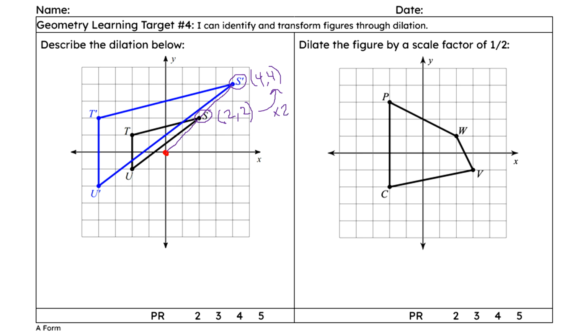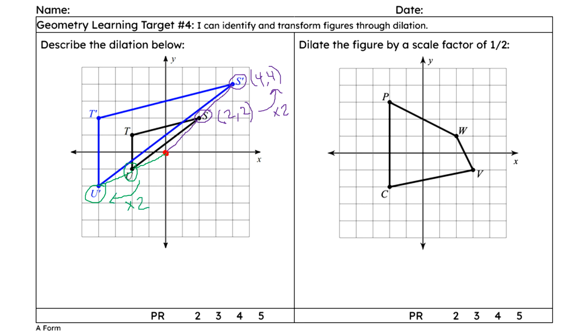That means that for the blue triangle, all of the points have been taken a double distance away than they were originally. Here's U to U prime. That was 1 down and 2 across. Now we're going to do another 1 down and 2 across to get to U prime. That again is a times by 2.